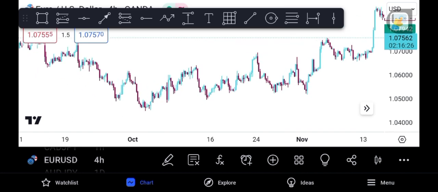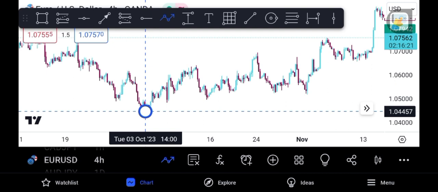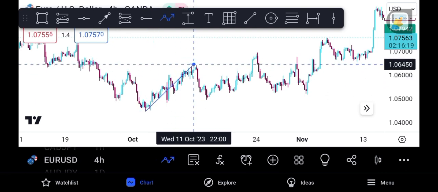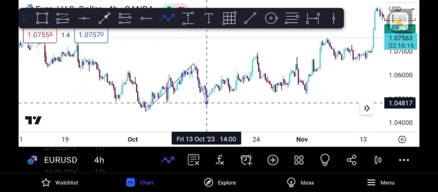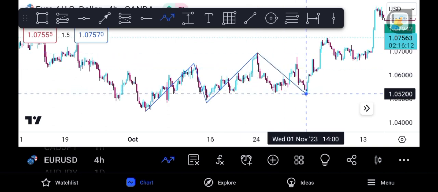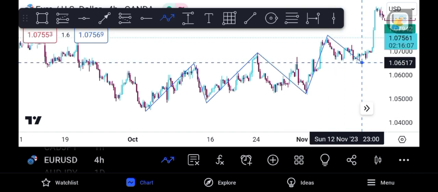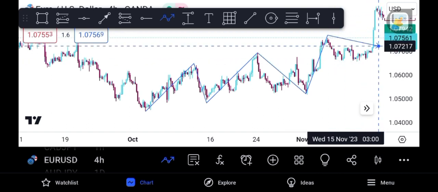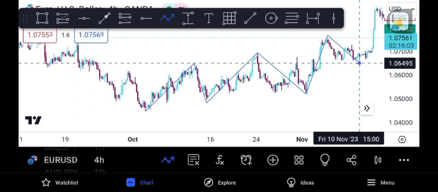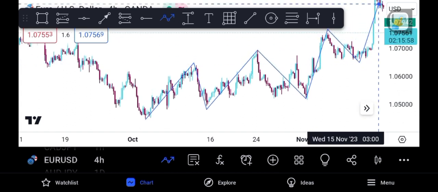So now let's mark out our market structure. A low to a high, a low to a high, a low to a high.